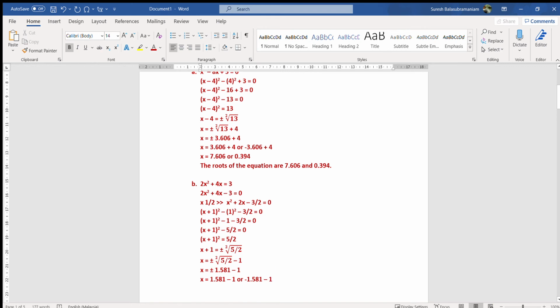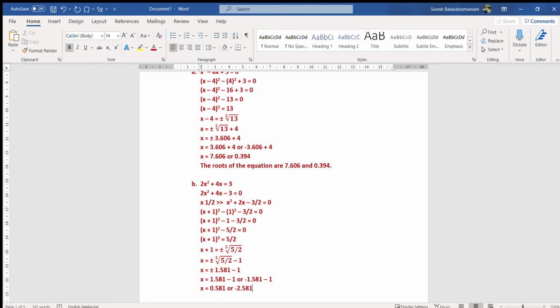So x will be 0.581, or negative 1.581 minus 1, it will be negative 2.581.